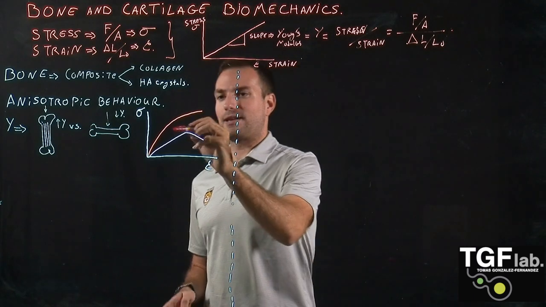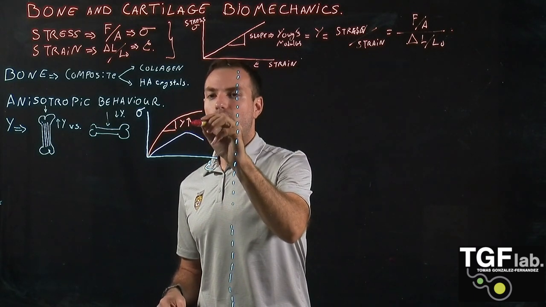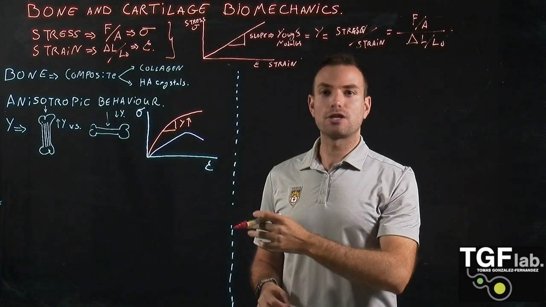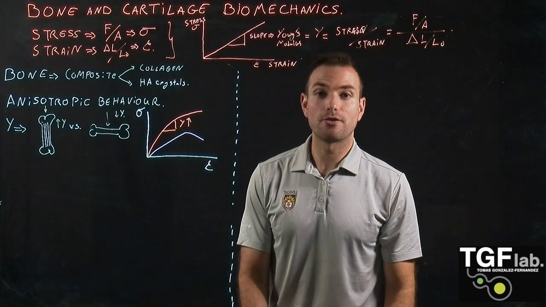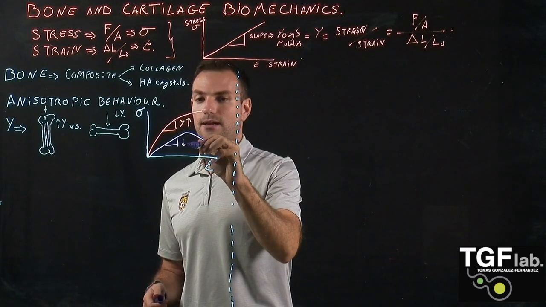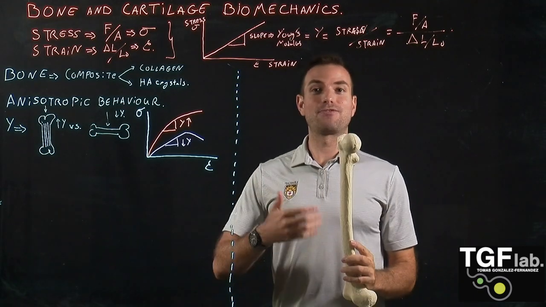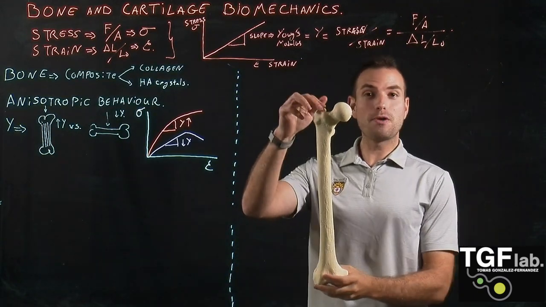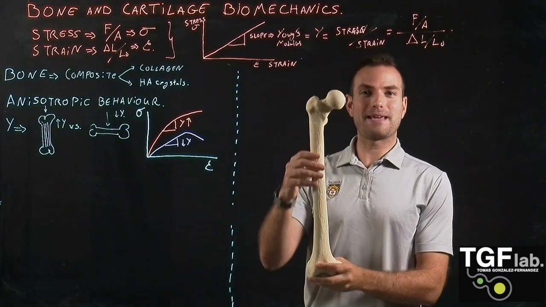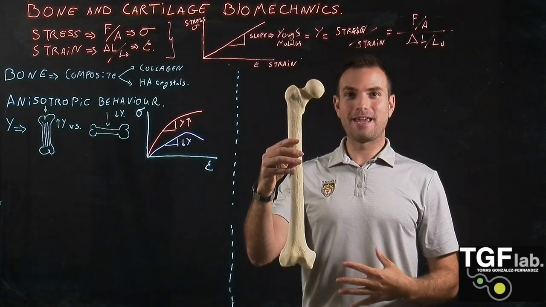Here we can see very clearly that the slope, and therefore the Young modulus, is higher when we apply the force longitudinally in comparison to when we apply the force radially, which is going to be lower. And this gives the bone its functionality, okay? Because the bone is load bearing. That means that it needs to bear or support all the weight of our body, right?